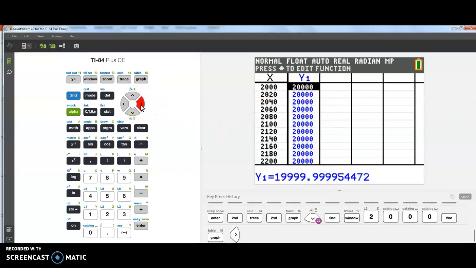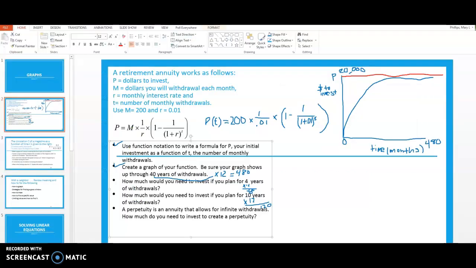Now if I arrow over there, I get that it has more and more nines in that decimal, but rounded off $20,000. So the amount for a perpetuity, that amount where the graph levels off, is the $20,000 mark. And so we used our calculator to answer these questions once we created a graph using the table.